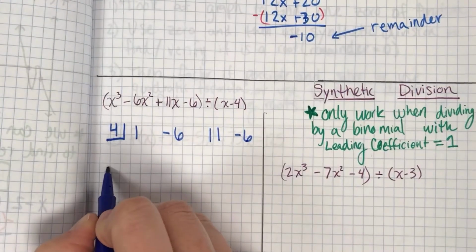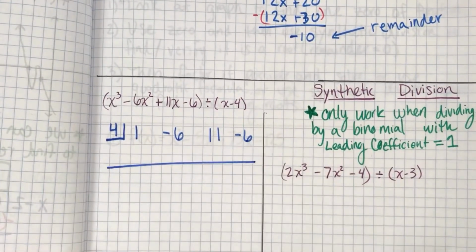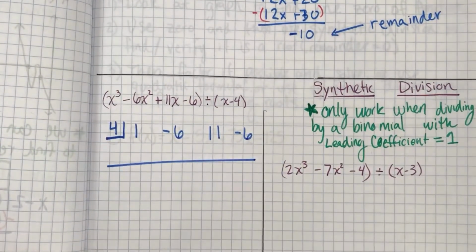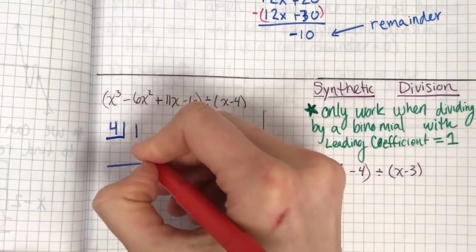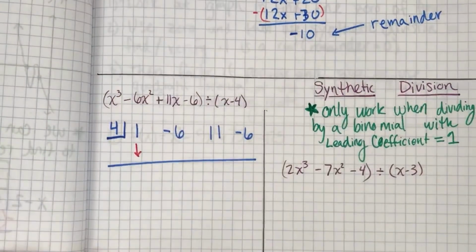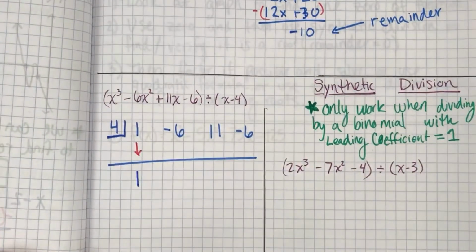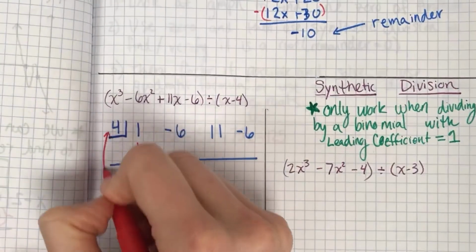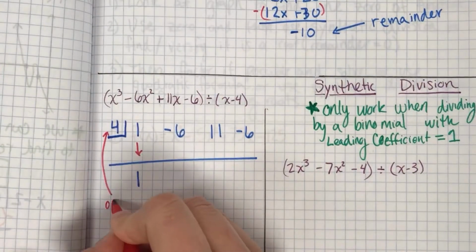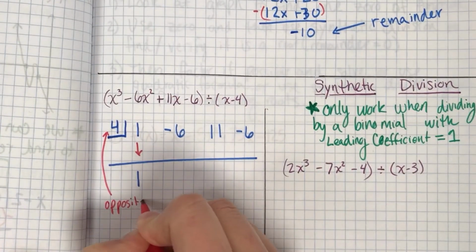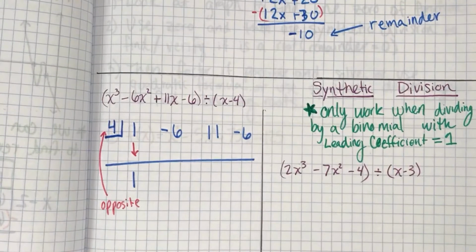And then I like to leave a space, and then I draw a line. And then always we drop down that first number. Okay, so just another reminder, make sure that 4 is always the opposite of your factor.